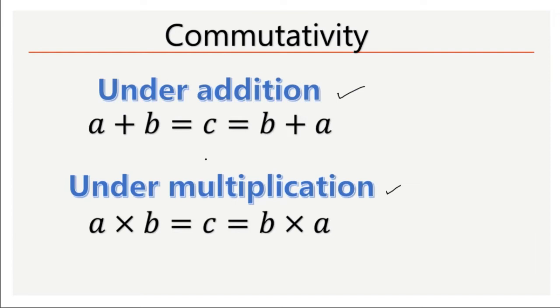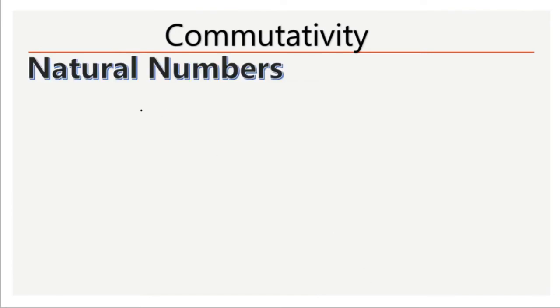Under multiplication, the product of any two numbers can be interchanged. Let us discuss this commutativity in all the sets we learnt. We'll start with the natural numbers. Let me consider two different natural numbers, say 1 and 5, belonging to natural numbers.